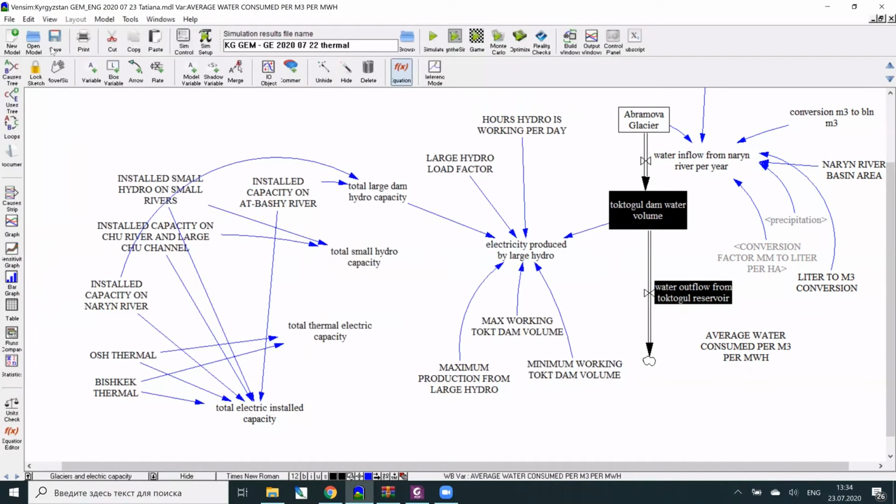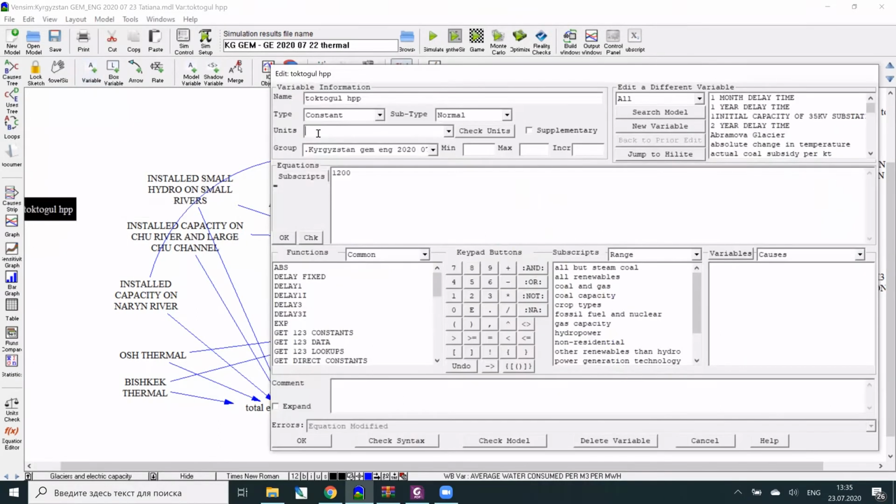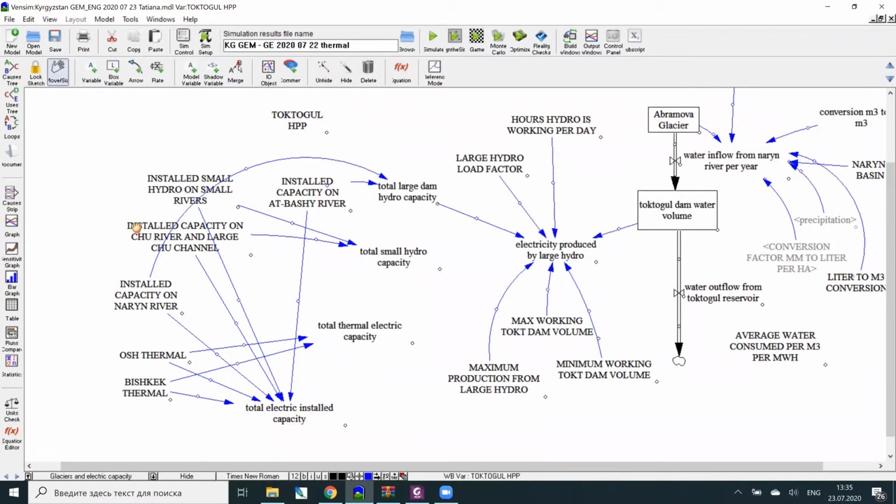And then, how shall I say, I'm not sure if this structure is needed. I can connect this to the installed capacity on Narin River later, or how shall I do this?